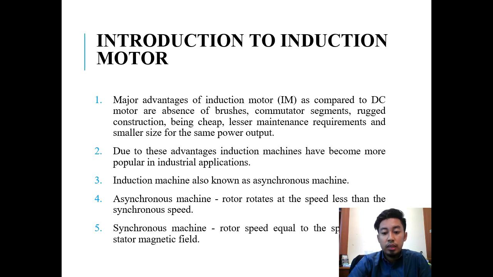You should remember that in AC machines we have two types: the asynchronous machine and the synchronous machine. The induction machine is an asynchronous machine. The synchronous machine we will cover in the next topic. Why is it called asynchronous? Because the rotor rotates at a speed less than the synchronous speed, and we will cover the calculation after that.